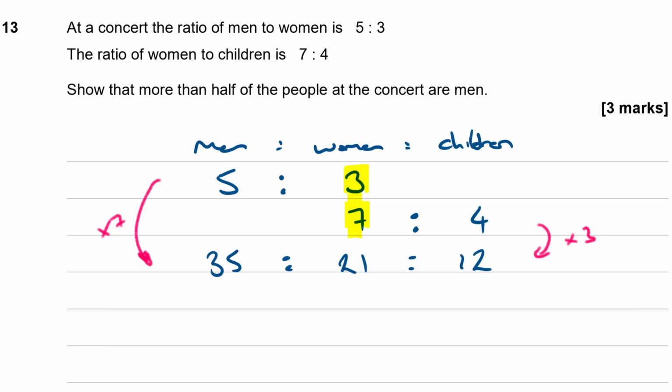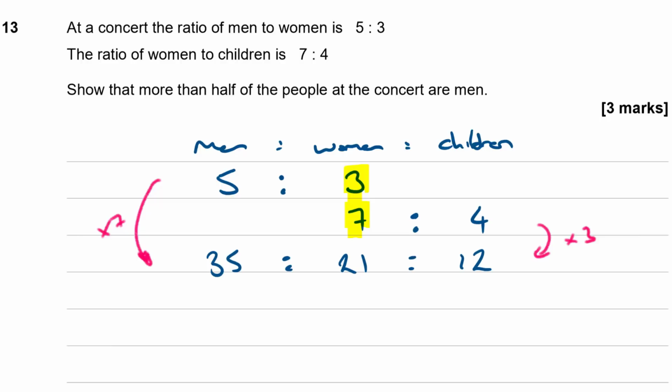Okay, so now we've got 35 to 21 to 12 as one ratio of those three things. Now, if I want to then compare what fraction are male, then I need to count up how many males there are out of the total of how many people.